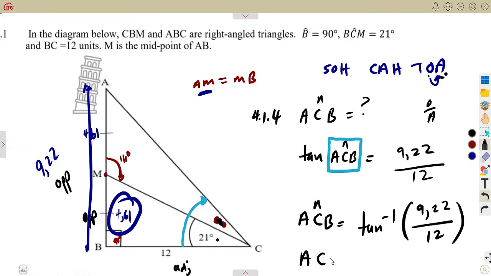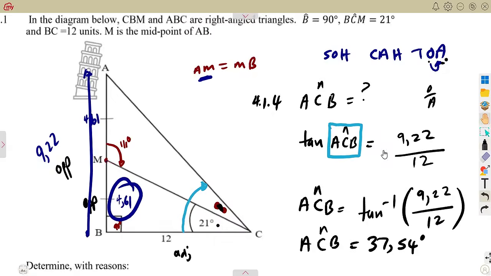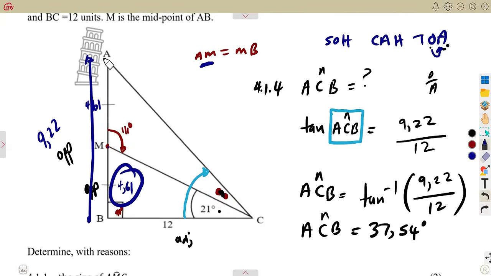That's giving us the whole of the angle ACB, which was going to be 37.54 degrees. This being our angle ACB, from A to C, the whole of this angle here.